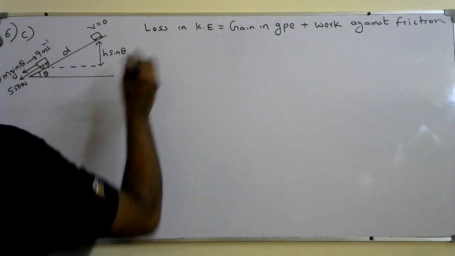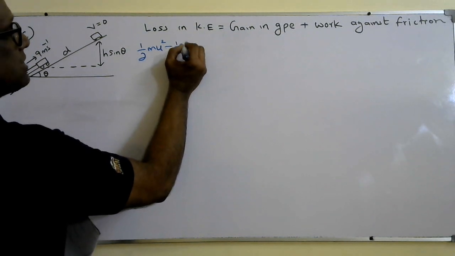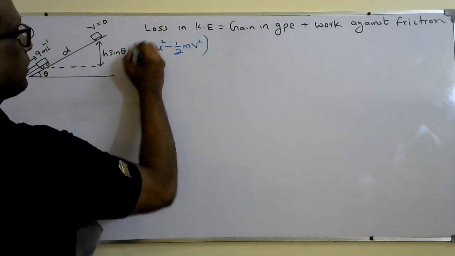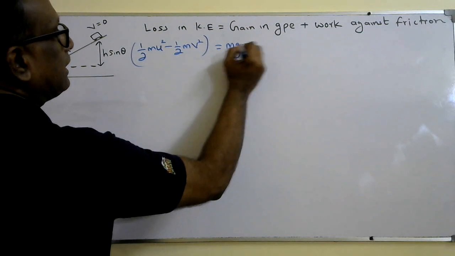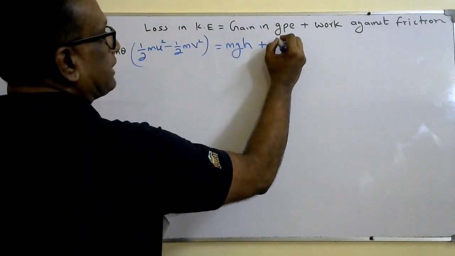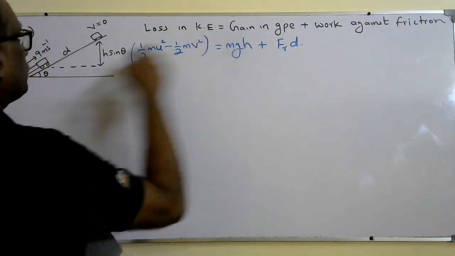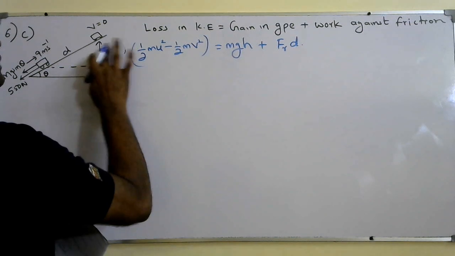Loss in kinetic energy, initial kinetic energy, half m u squared minus half m v squared, but v is 0. Gain in GP, mgh, plus work done against friction, the opposing force times distance moved. H is equal to d sine theta.